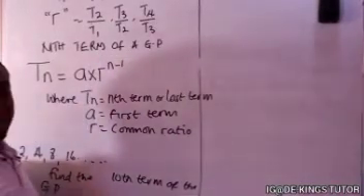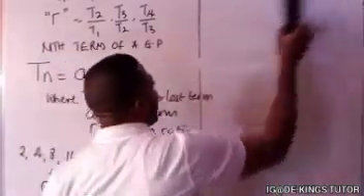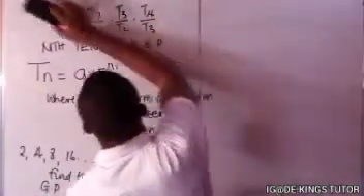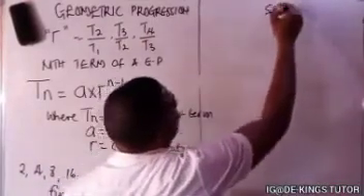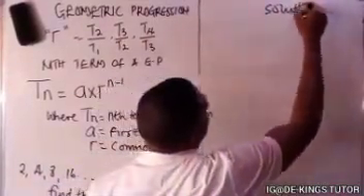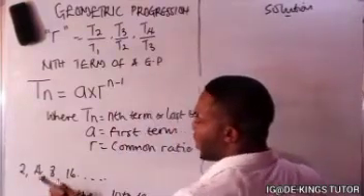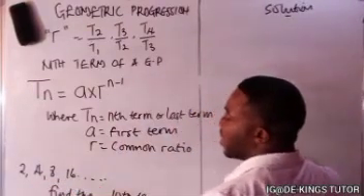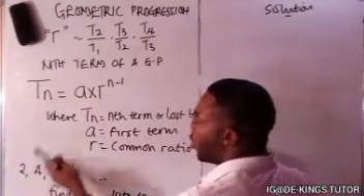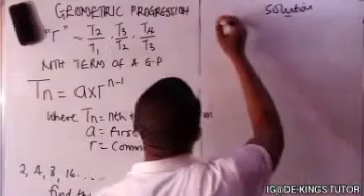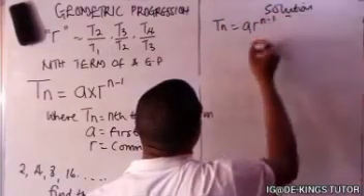Now they've stated there that it is a GP, so we have the solution. From this, we have 2, 4, 8, 16. And the first thing we have to do is to ensure we record the formula, Tn equals A R raised to n minus 1.